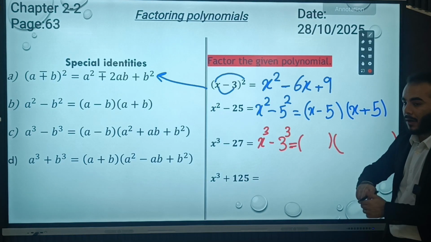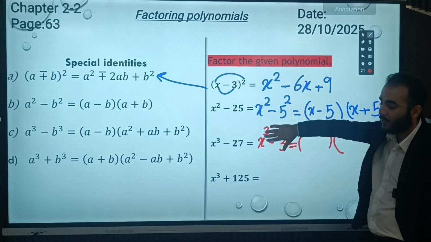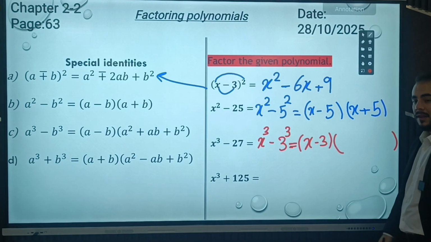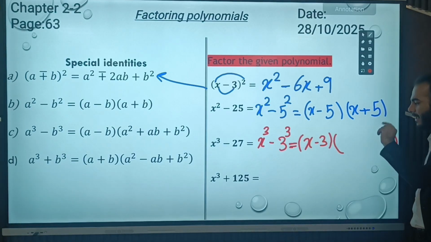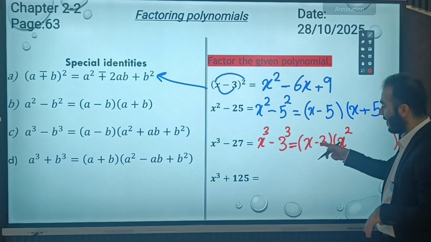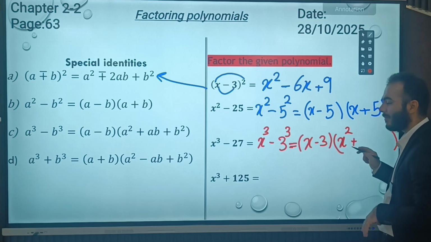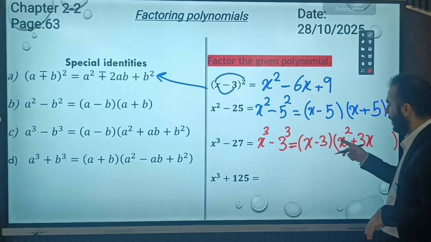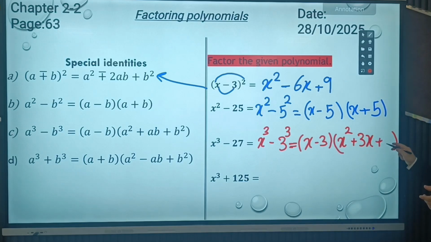So in the smaller one, you're going to write the bases without the exponent. So x minus 3. Then we said that we will go in this way. Listen carefully. First term squared, so x squared. If there is minus here, we will have plus here. 3 times x, 3x. Plus the second term squared, 3 squared, 9. That is how we are going to deal with the difference of two cubes.